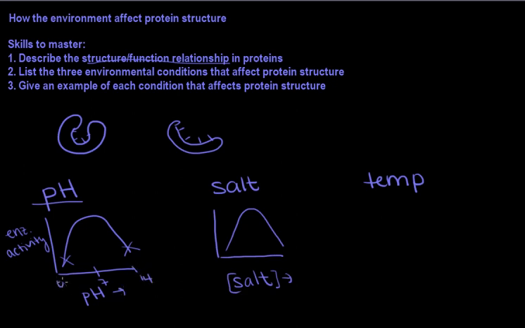And this is 0. So it goes from 0 to some number. There's going to be an amount of salt that gives you a peak, the best enzyme activity. So again, this is enzyme activity. So we see this bell curve. Too little is bad. Too much, also bad. And we see the same pattern in temperature.